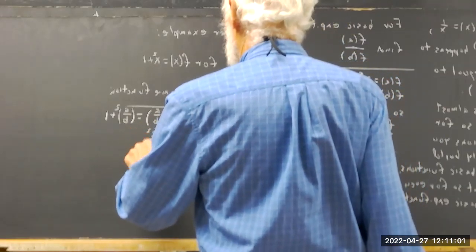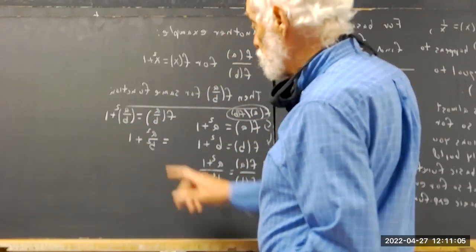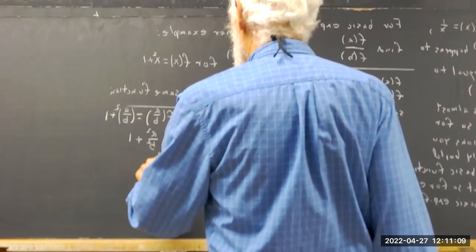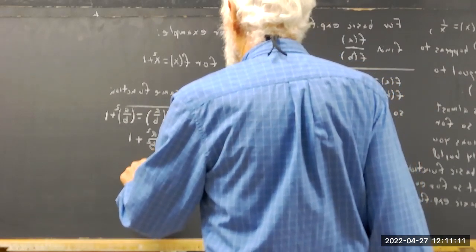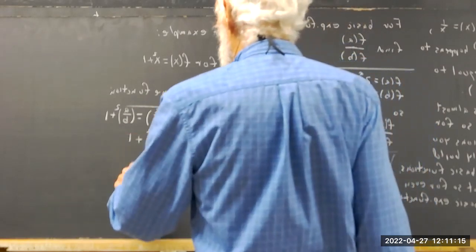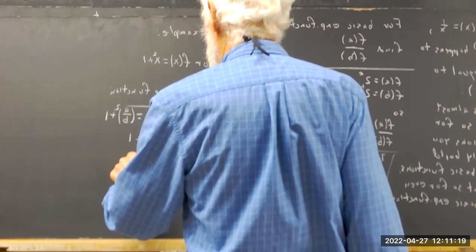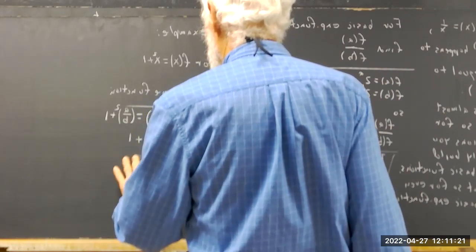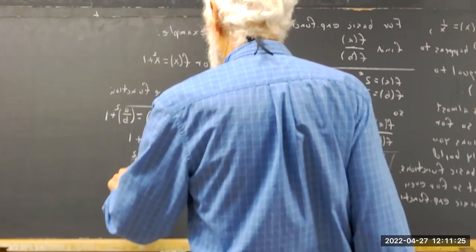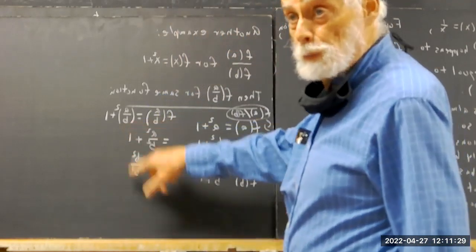This is A squared over B squared plus 1, right? That's two fractions. You can add them by using a common denominator. You can write 1 as just B squared over B squared, just another way to write 1, right?